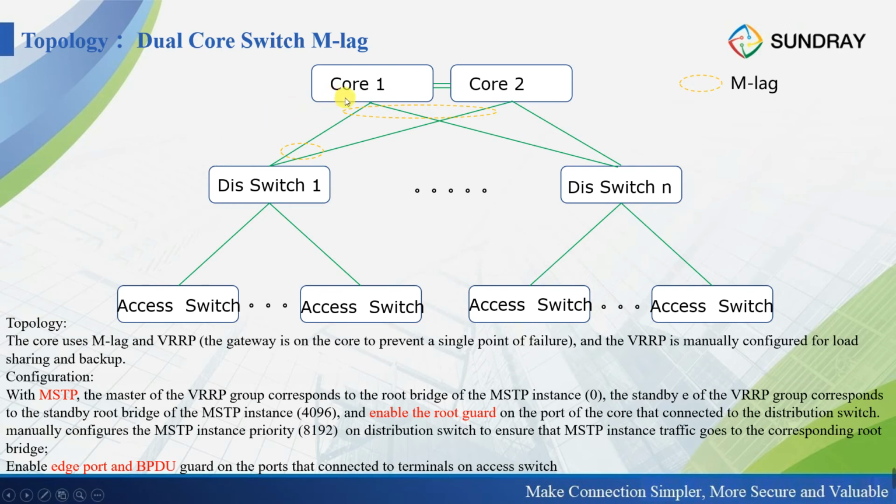So these two can do active backup, and also we can enable the root guard on the core switch, and then the edge port and the BPDU guard on the access switch.